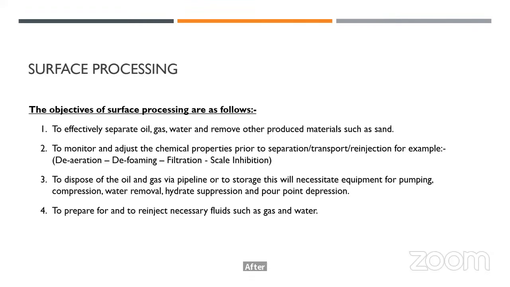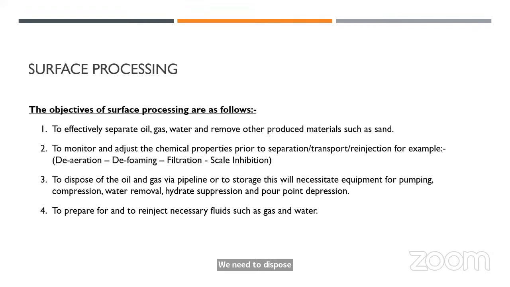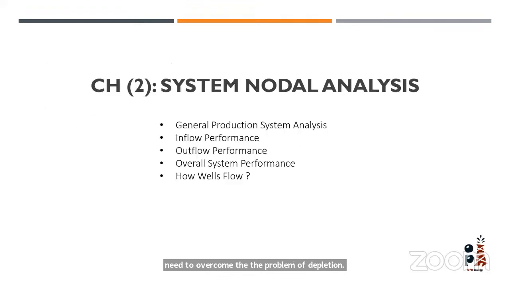We need to dispose of oil and gas per pipeline, and we need to study the pressure losses that might occur during this process. We need to prepare or re-inject necessary fluids such as gas or water for pressure maintenance. Pressure maintenance means we need to maintain the reservoir pressure. We need to overcome the problem of depletion inside our reservoir. This is the term of surface processing.